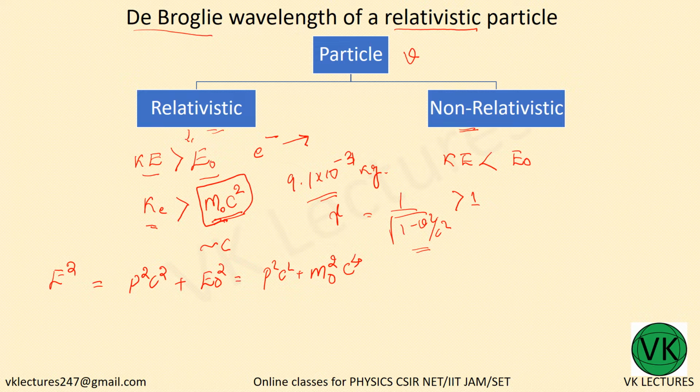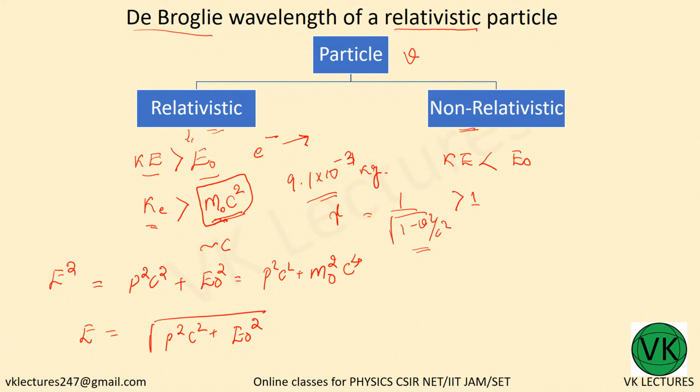So E square is equal to this much, and we can write E is equal to under root P square c square plus E naught square.